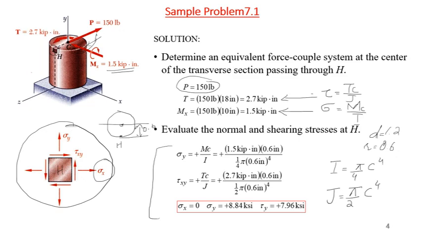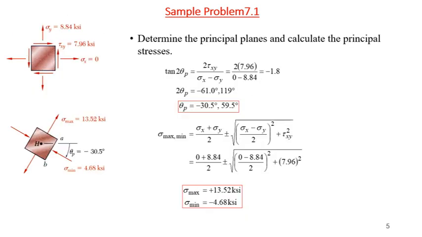Okay, now let's see how to find this. Now part B, we know the stresses: sigma x is 0, sigma y we know, and tau xy is known. So using the principal planes, tan 2 theta p is equal to 2 times tau xy divided by sigma x minus sigma y.